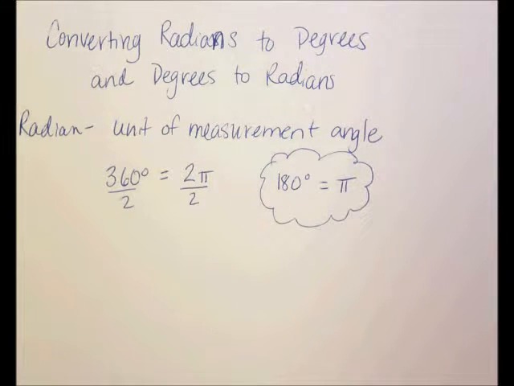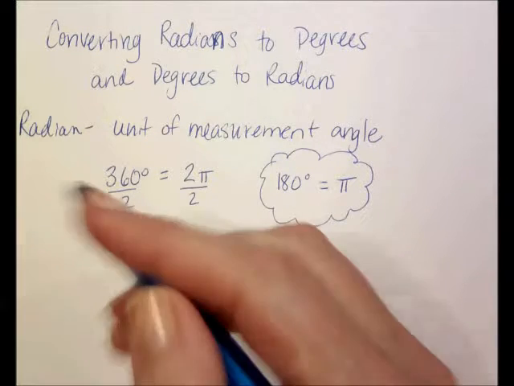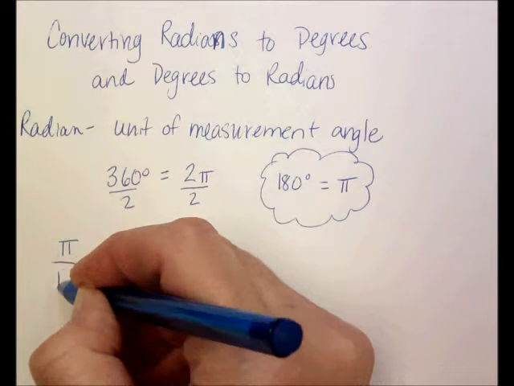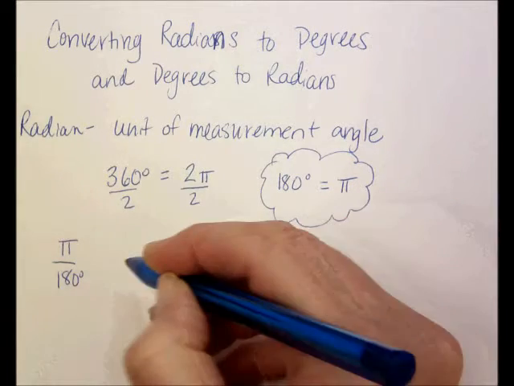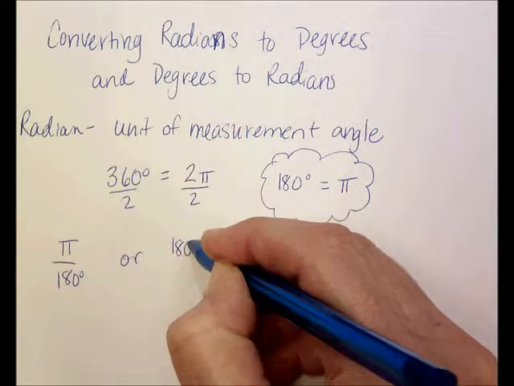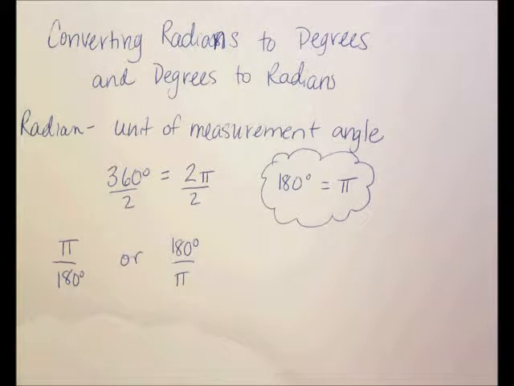So this is going to end up being our conversion. And conversions, you can think of what you've done in science last year or this year also. And you can take this conversion and put it into fraction form, and you know it's going to be equal to 1. So pi over 180 degrees, or 180 degrees over pi, either way you look at it, it's equal to 1.